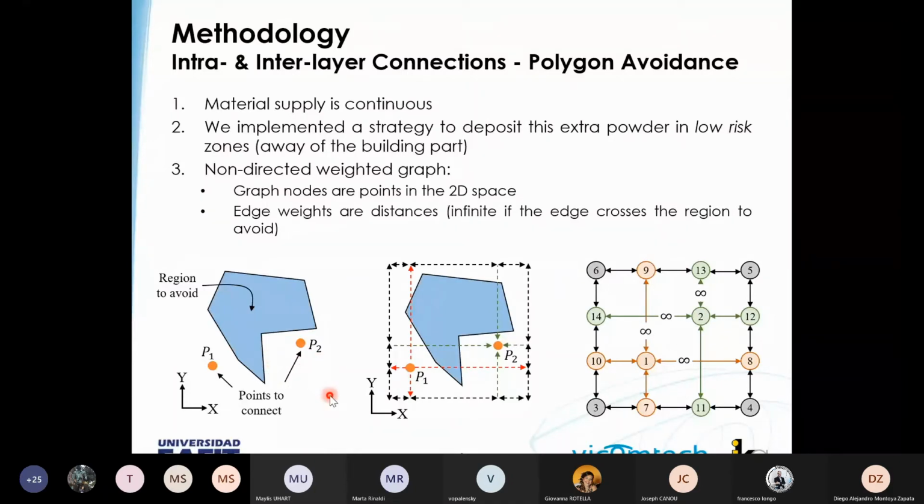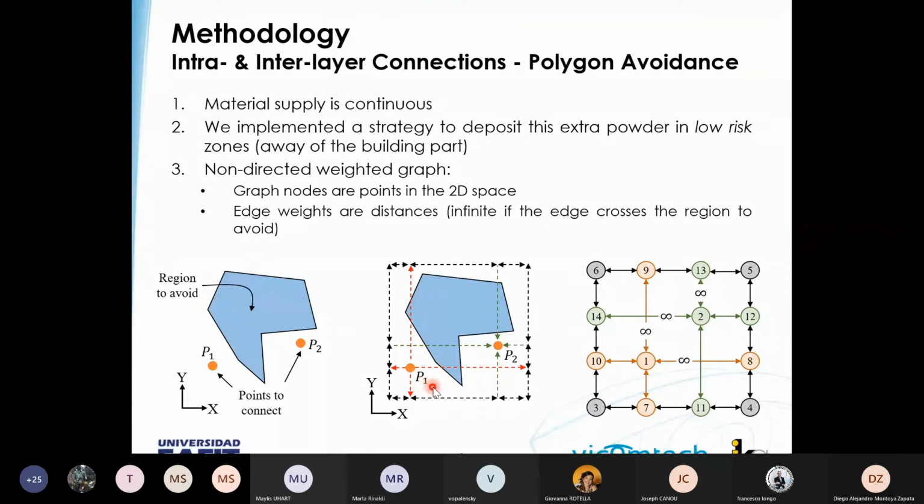In the image in the center we have again the same configuration and some additional paths. In black is the bounding box of the region with an offset, and we have some paths that connect the points P1 and P2 to this black box.